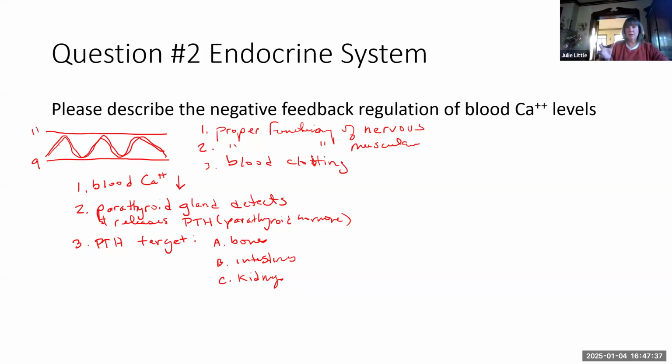And so how do we get calcium out of the bones? You go to those cells in the bone that can literally dissolve the bone and release calcium back into the blood. So if the calcium is in the bone, it's not in the blood, right? We want to get the calcium out of the bone, put it into the blood. So very specifically, PTH activates osteoclasts.